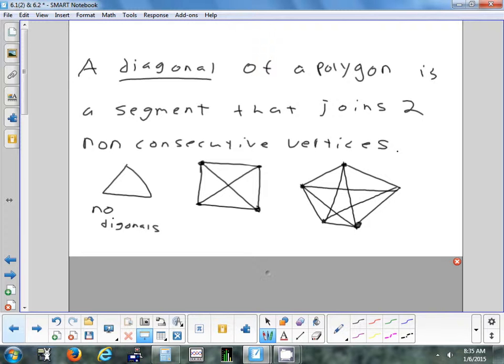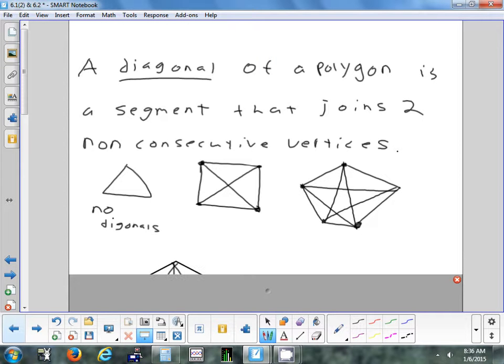I don't want to get into it too much, but what might be an interesting pattern is the number of sides you have and the number of diagonals. So for a 4-sided shape, how many diagonals do you have? 2. So with a 4-sided shape, you get 2 diagonals. How about for a 5-sided shape? It's a little tough, but try to count them up. 4.